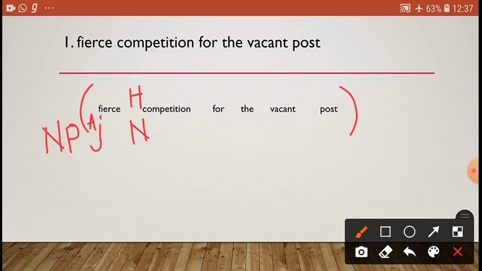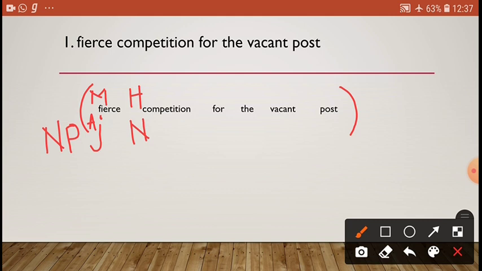So, put adjective at the bottom, okay. Put adjective for fierce. Which function is the word fierce playing here? Yes, it is modifier.